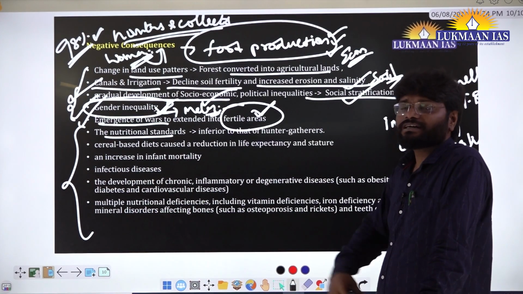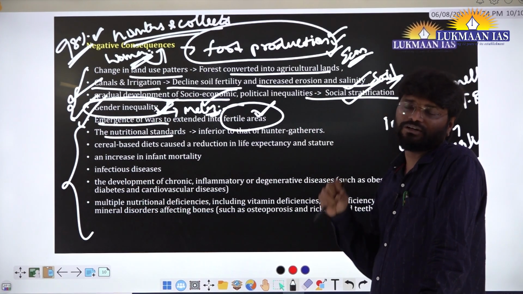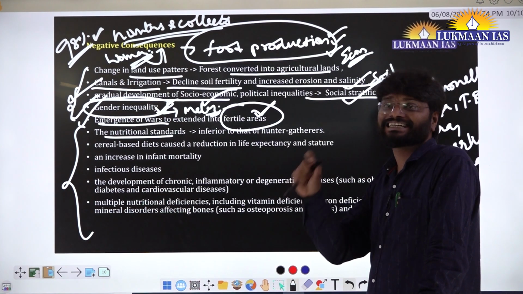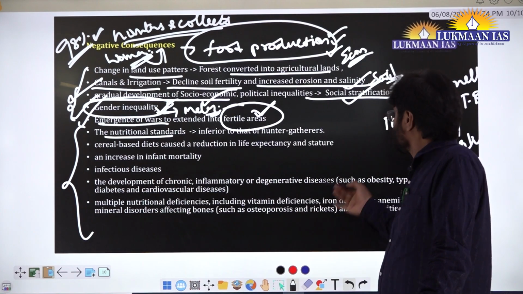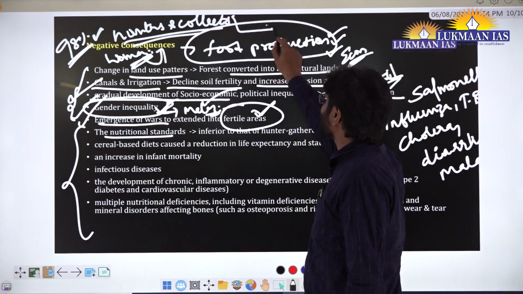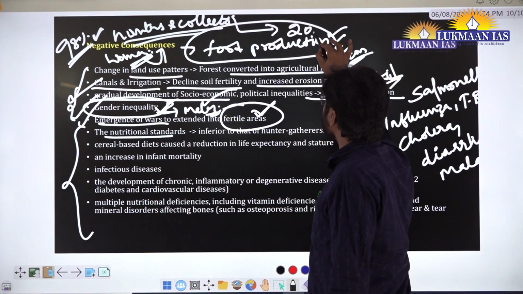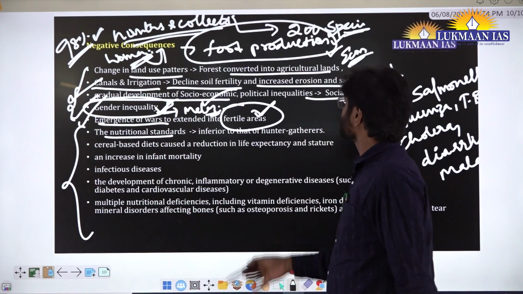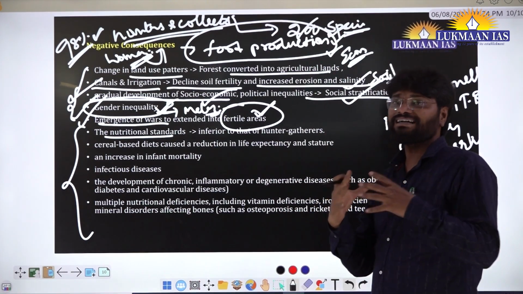So though the quantity of food availability increased because of surplus food, the diversity declined. For say, during the hunter-gatherer time, the people had access to more than 200 species of plants and animals.